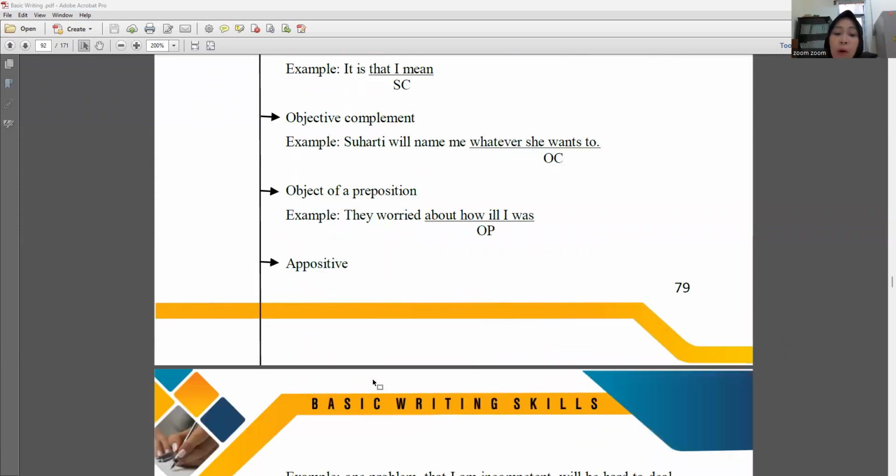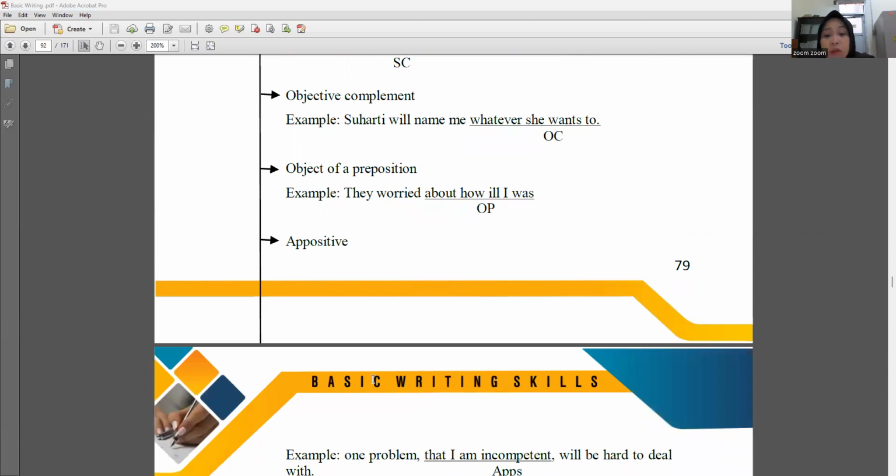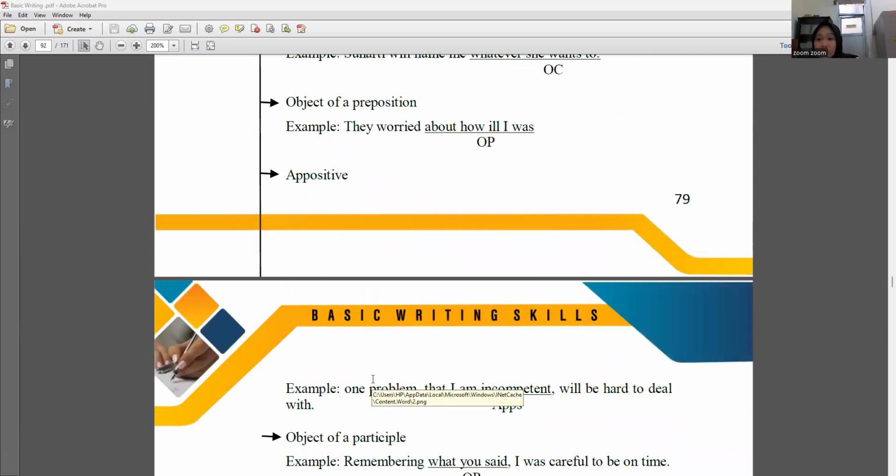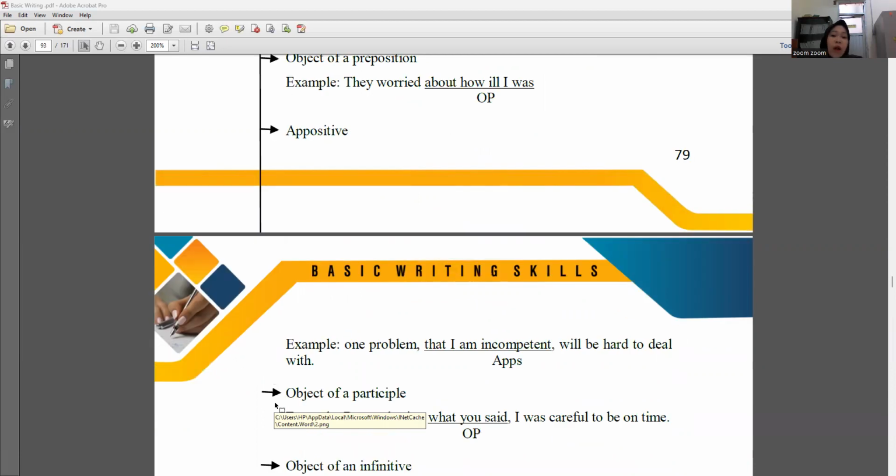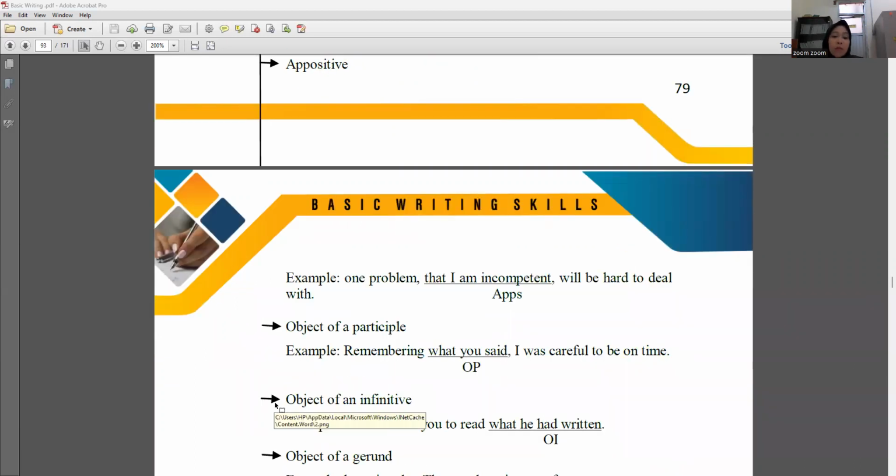And also we have appositive. Appositive can usually be found in the TOEFL test. Yeah, an appositive. One problem, that I'm incompetent, will be hard to deal with. So that I'm incompetent is the appositive. Object of participle. For example, remembering what you said, that's the object of the participle.